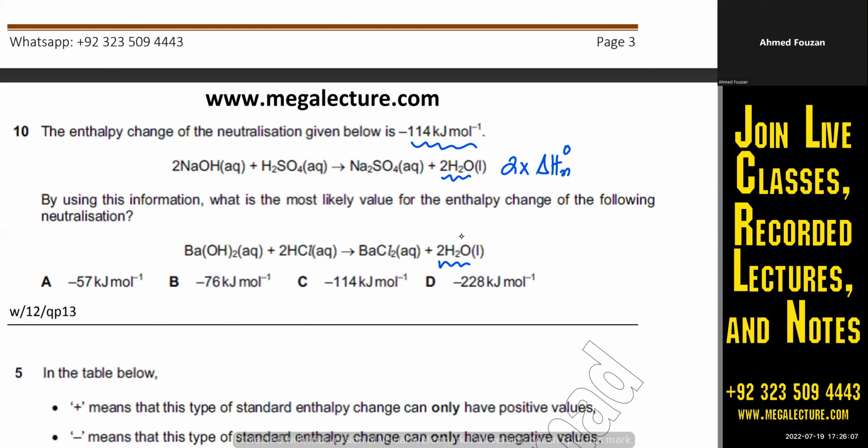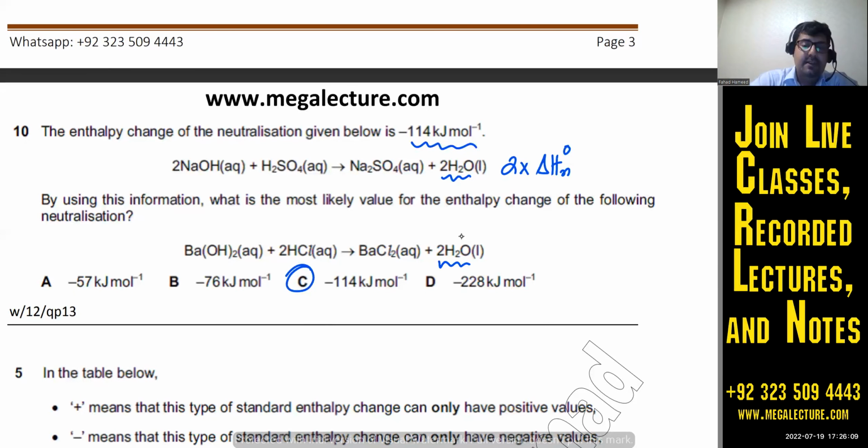Remember, I just told you that 2 moles of water were produced in the first reaction, and 2 moles of water are produced in the second reaction. It's a strong acid and strong base in both. So delta HN is always around minus 57, and both would have the same value. This is 2 times delta HN, so it's going to be minus 114.